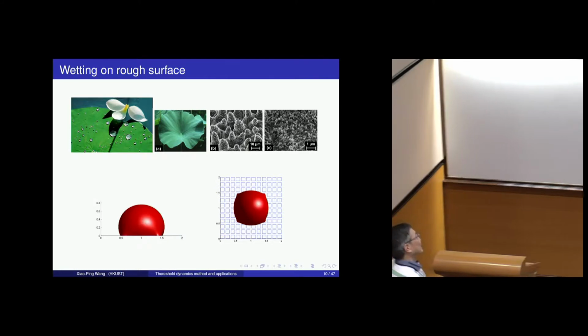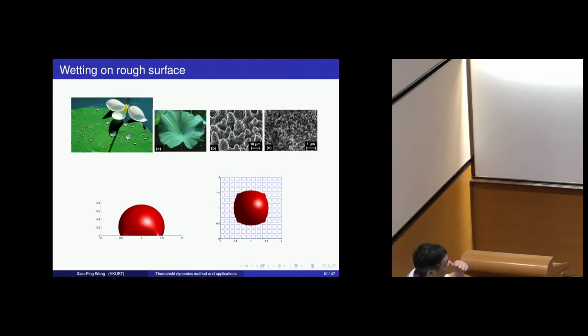Because the original MBO method was developed for closed interfaces, without a solid boundary, the question is, can we use the same idea for a problem with a solid surface, so that we can apply this to the wetting problem, and in particular the wetting problem for rough surfaces, either geometrically rough or chemically rough.